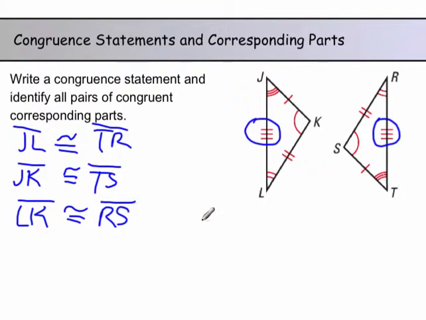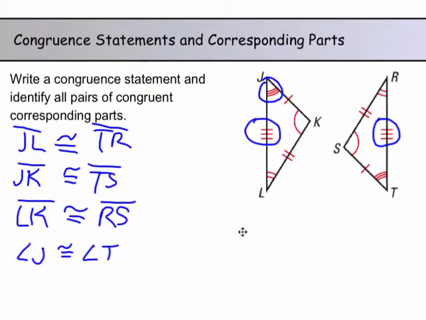So the line segments are congruent. Now let's find the other corresponding parts. We can do the same thing with the angles. We've got three lines in this angle, and it's curved, showing that it's the angle part they're saying is congruent. So angle J is congruent to angle T.